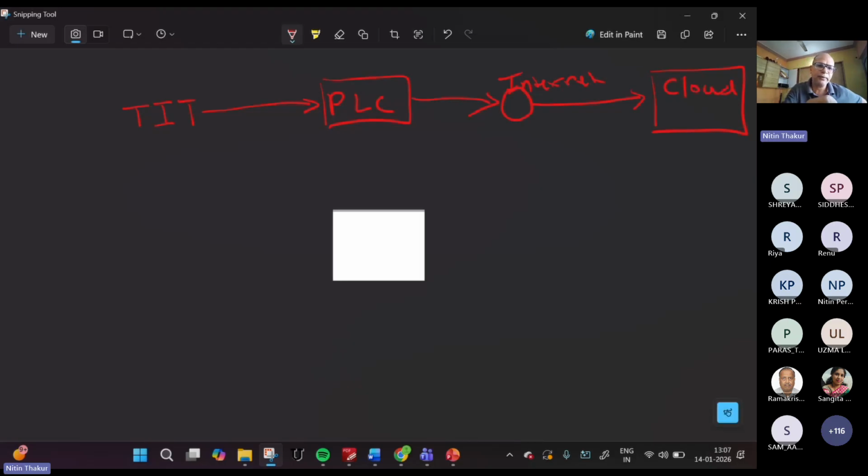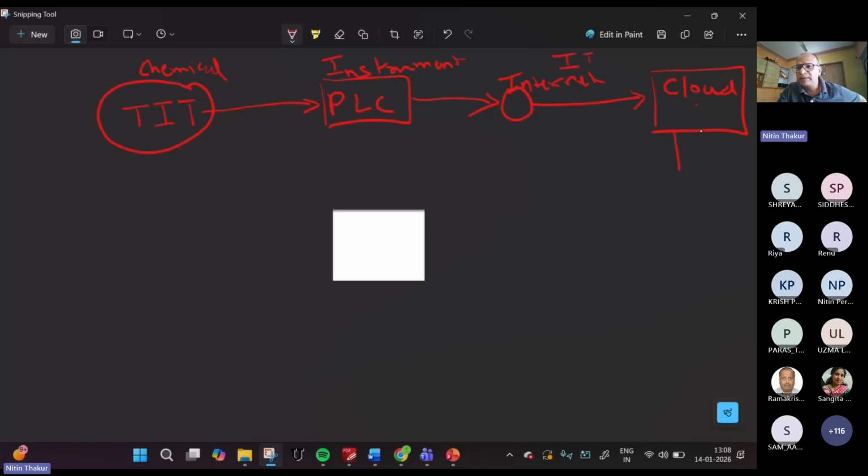If you look at it, this temperature sensor is defined by the chemical engineer. The PLC programming and everything is done by the instrumentation engineer. This part, traveling to the internet, traveling to the cloud, is done by the IT engineer.